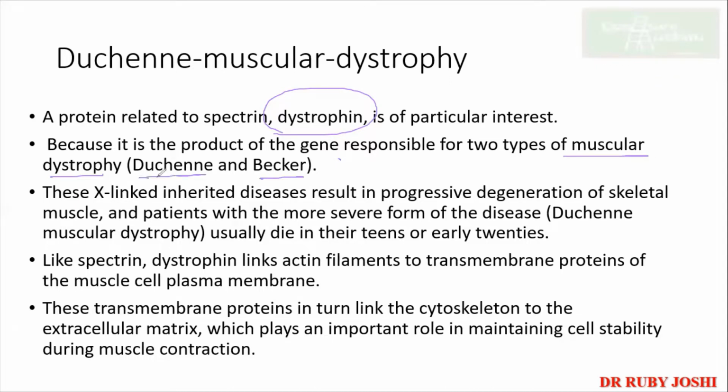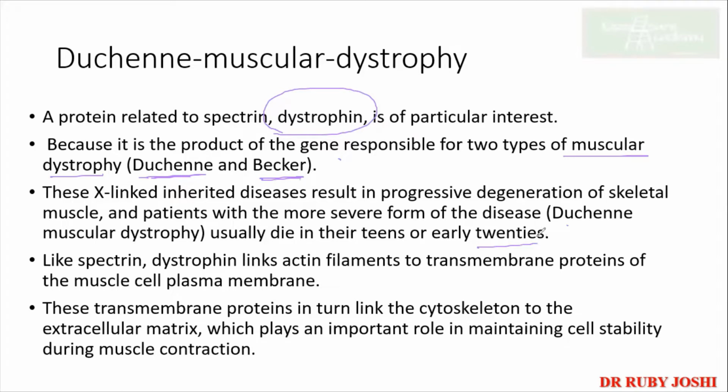Okay, तो Duchenne तो lethal होता है, उससे कम lethal आपका Becker है. Now, these are X-linked inherited diseases, which result in the progressive degeneration of skeletal muscle, and patients with the severe form have DMD, that's the Duchenne muscular dystrophy, and usually they die in the teens or early 20s.